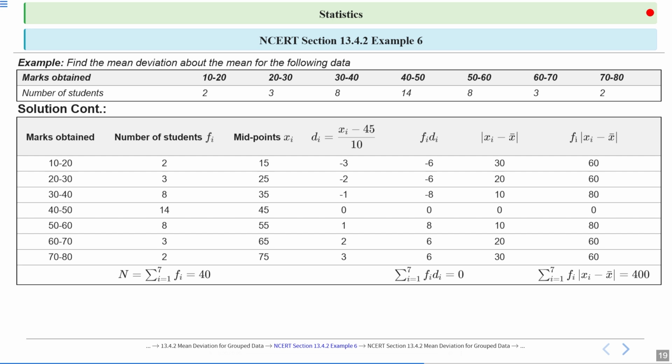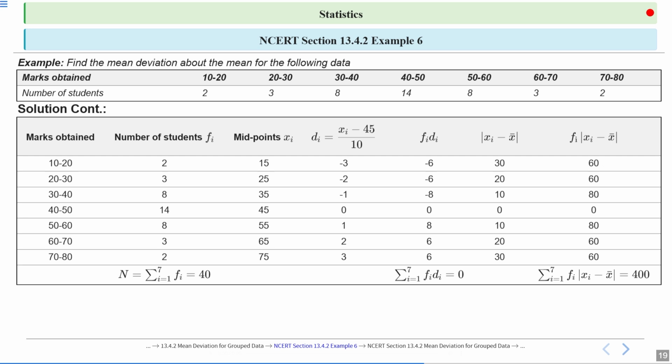In the next column, we have calculated fi multiplied with di, and then in the next column, we calculated absolute deviations, the absolute value of xi minus x bar, and then we calculated fi multiplied with the absolute value of xi minus x bar.